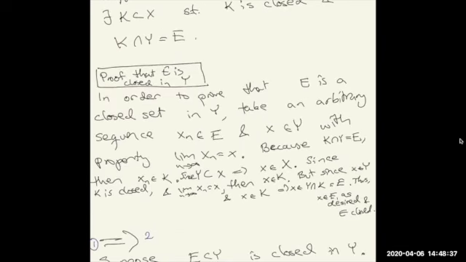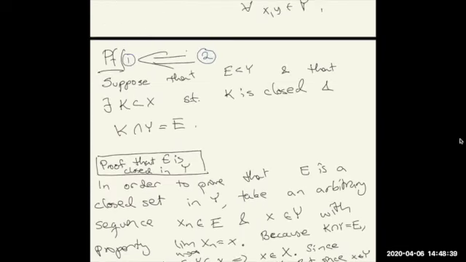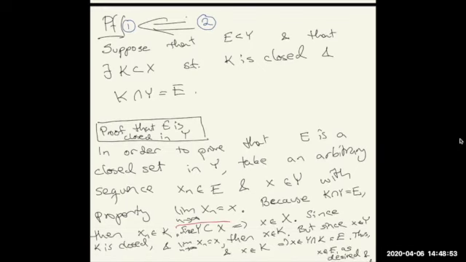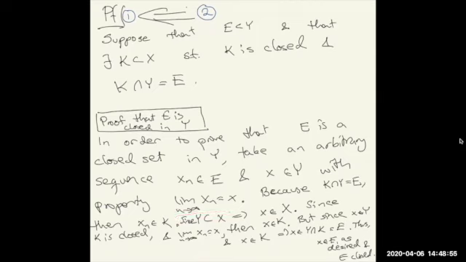So in order to prove that E is a closed set in Y, we take an arbitrary sequence Xn that is in our set. We take a point X in Y with the property that Xn is converging to X. And why I write this in such a verbose way is that if this was a published paper, you would have to write full sentences.